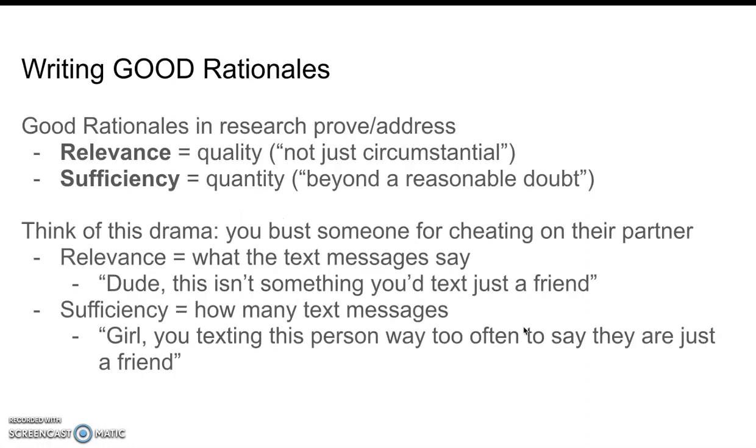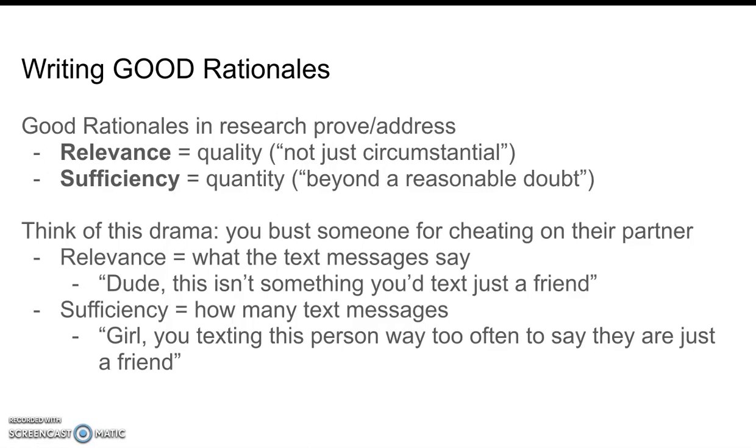Speaking of strong or strength, the reason I mention that is because rationales can tackle two avenues. A rationale can explore relevancy or sufficiency. If you do relevancy, you're focusing on the quality of your data, how some aspect like the wording, the phrasing, or the content of your data is more than circumstantial.